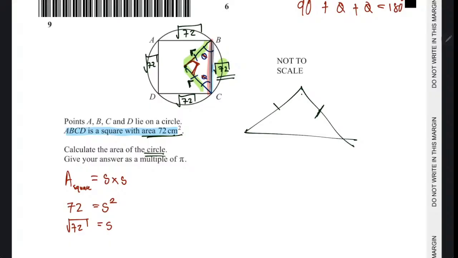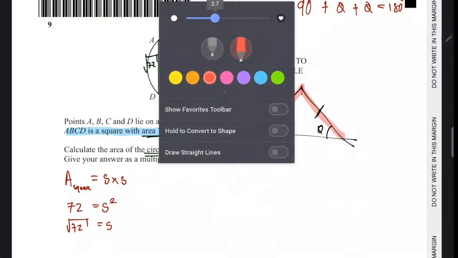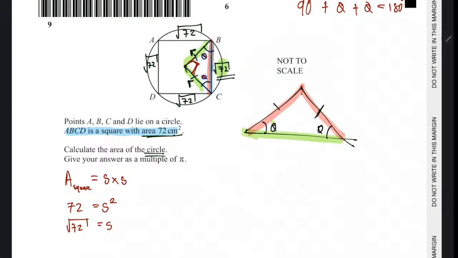Now, where your two equal sides meet the third side, we call them base angles. Where the two equal sides, this side and this side, meet the third one, the angle there, this angle theta, is called the base angle. And we say the base angles of an isosceles triangle are equal. If these base angles are equal, and we have this length root 72 here.